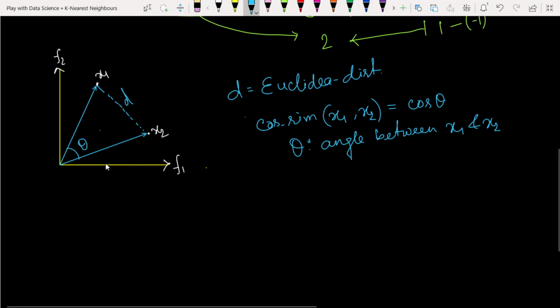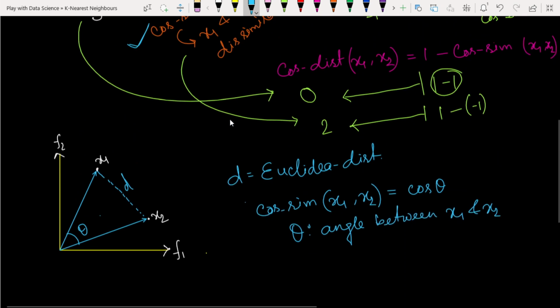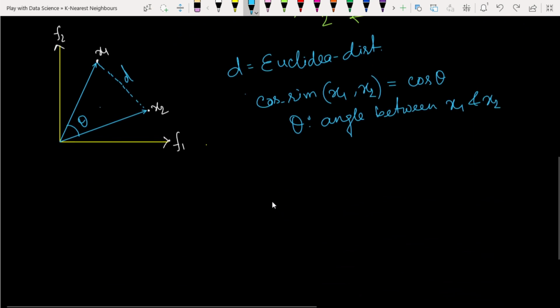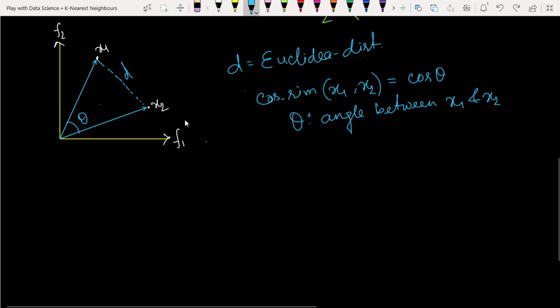So don't worry about cosine distance. Now we want to play with cosine similarity, and then convert the cosine similarity concept to cosine distance. We have seen that the cosine similarity is nothing but cos theta.